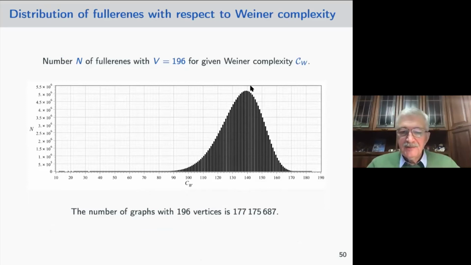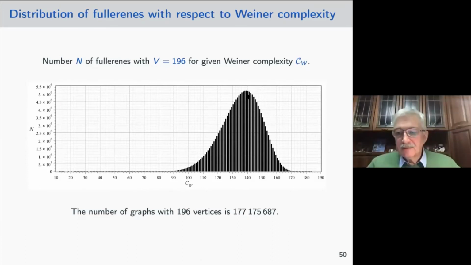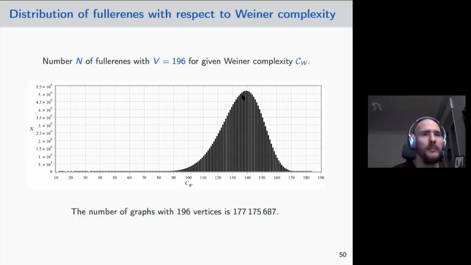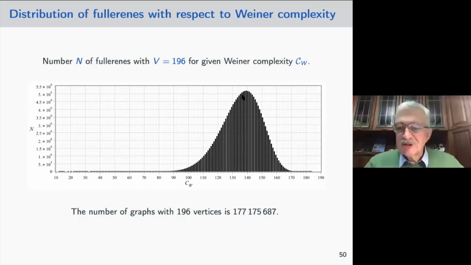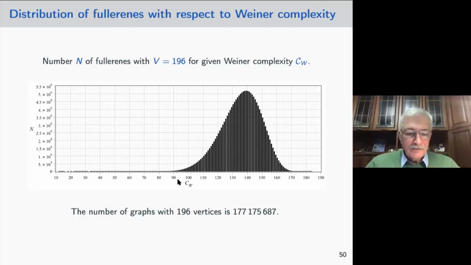You see in the middle there are a lot of graphs. Normally it is concentrated around something like that, which is far from zero. So I suppose if you start with random generation, you will not be lucky. I don't know. For these 196 vertices, there are 177 million graphs. So it's a lot.